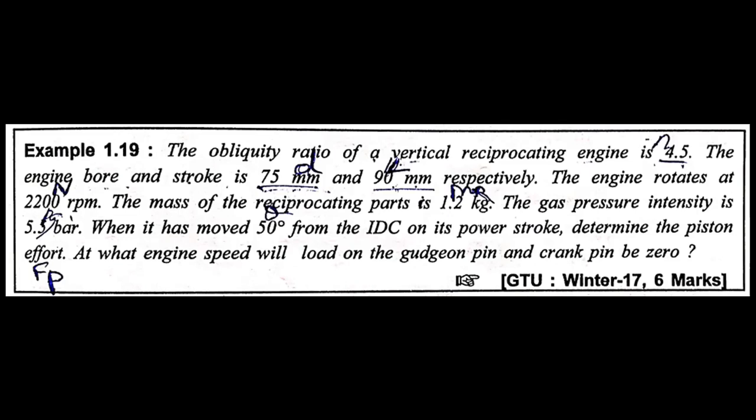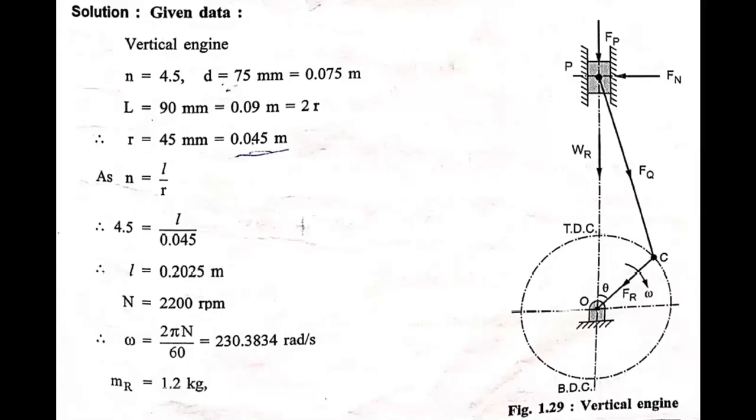So this will be the value of theta, and we have to find out the value of Fp. At what engine speed will the load on the gudgeon pin and crank pin become 0?